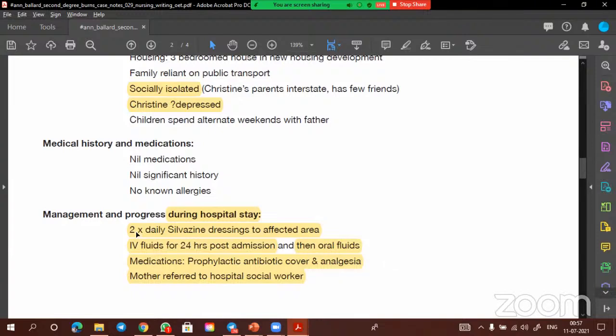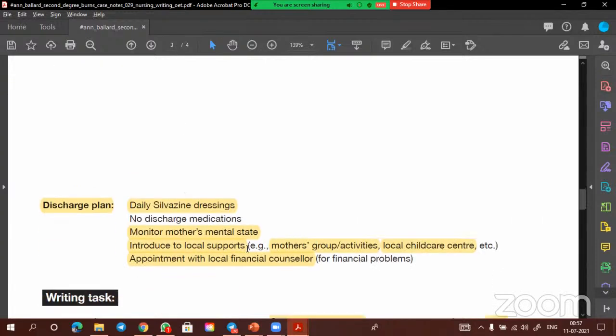Regular course, twice daily silver dressings, number one. Silver dressing is coming again, so one time only you have to use this. Either use it here or use it later.